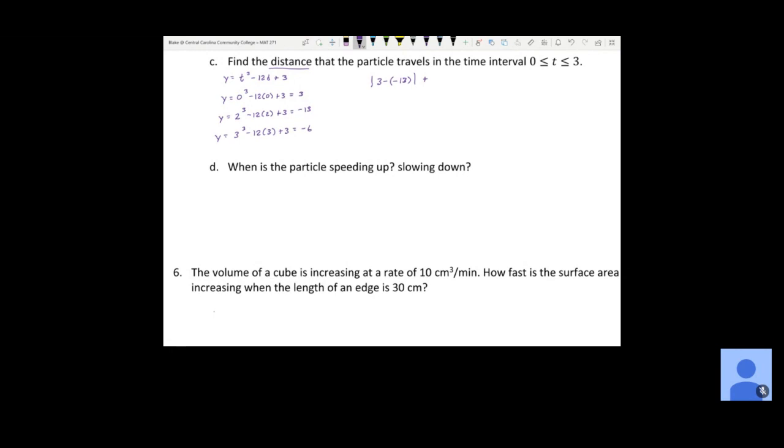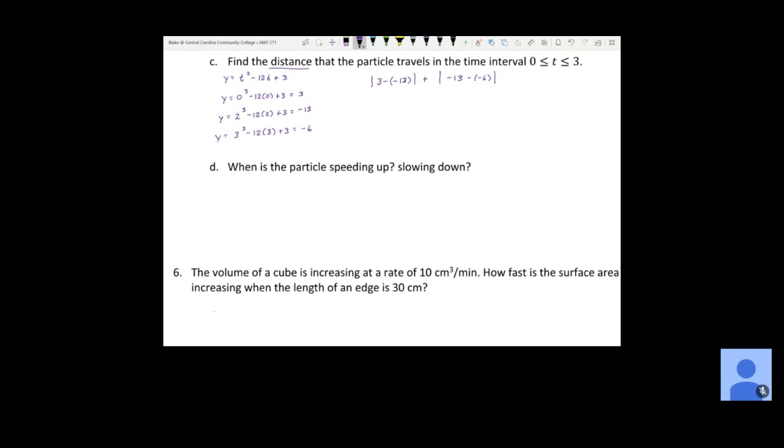So what am I going to do to find that? Good, subtract again. This time I'm using the 2 and the 3 here. So it's going to be negative 13 minus negative 6. Again, the absolute values will take care of the fact that these might come out negative, but distance should be positive.